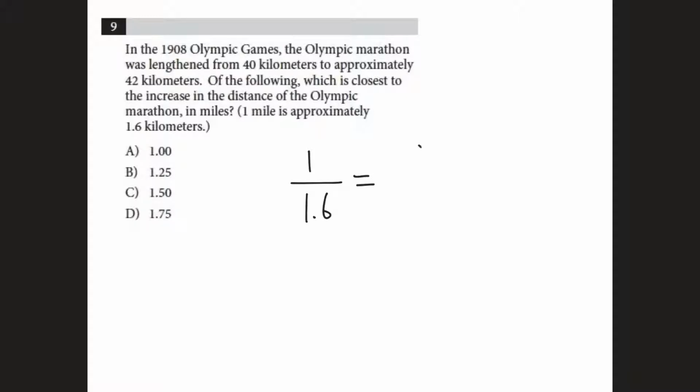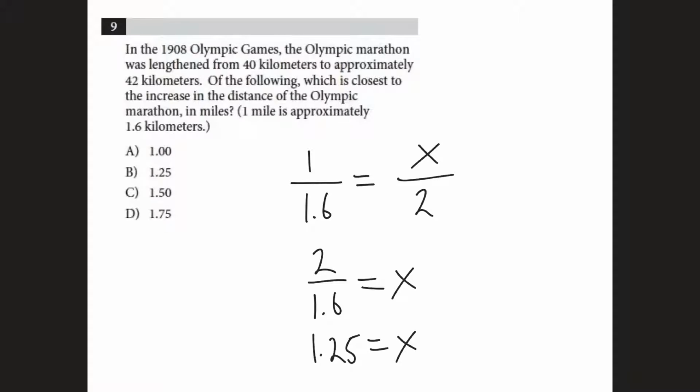We want to figure out how many miles a change of 2 kilometers is, right? To isolate my x in this proportion, I just have to multiply both sides by 2. I'll get 2 divided by 1.6 equals x. So I'll go to my calculator, and 2 divided by 1.6 equals 1.25, the number of miles that the marathon was increased by.